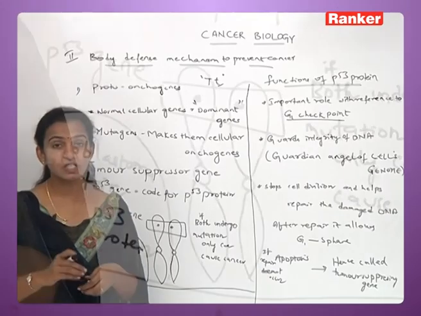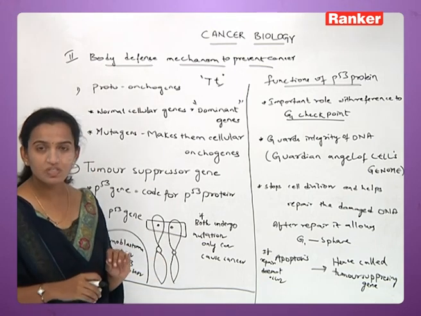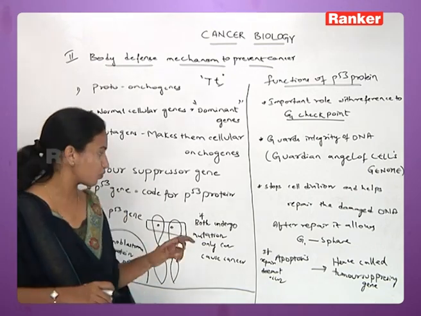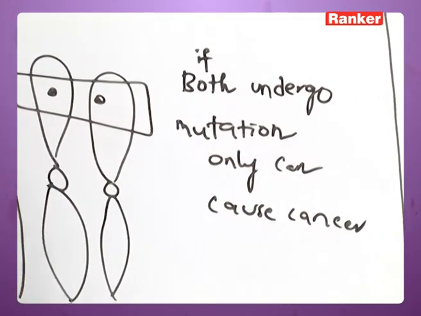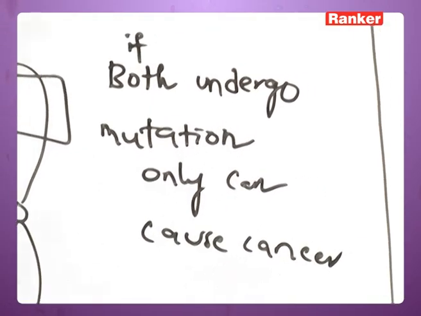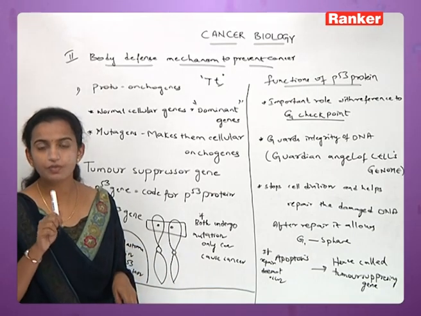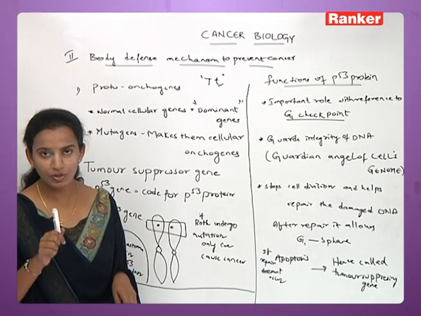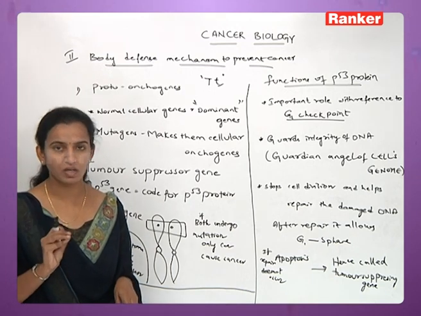So why are these cancers caused? P53 mutation: he is saying that only if both copies undergo mutation can it cause cancer. P53 is present on the 2 chromosomes you are seeing here, and even if one gene undergoes mutation, there is no problem. That means P53 will still work.